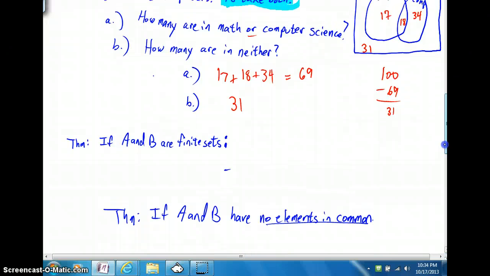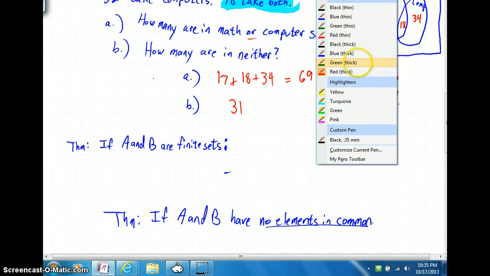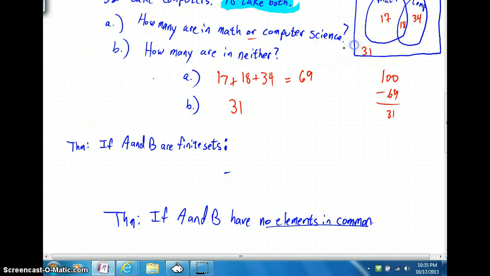Okay, well, if A and B are finite sets, what our book will write, and I think we need to see this, the n, meaning the number of A union B, would equal the number in A plus the number in B minus the number in both.